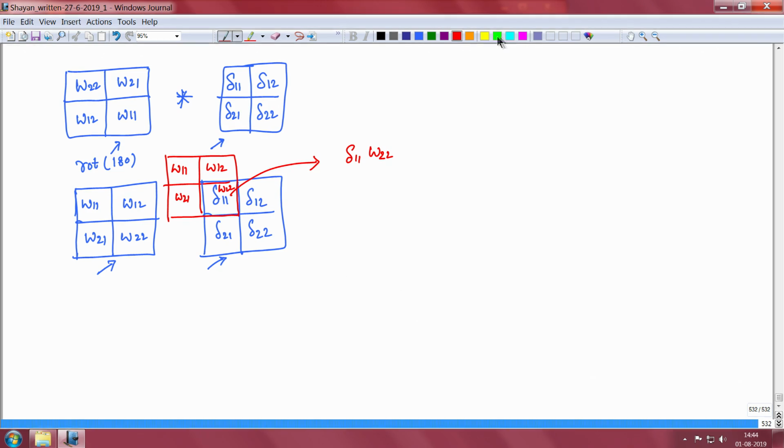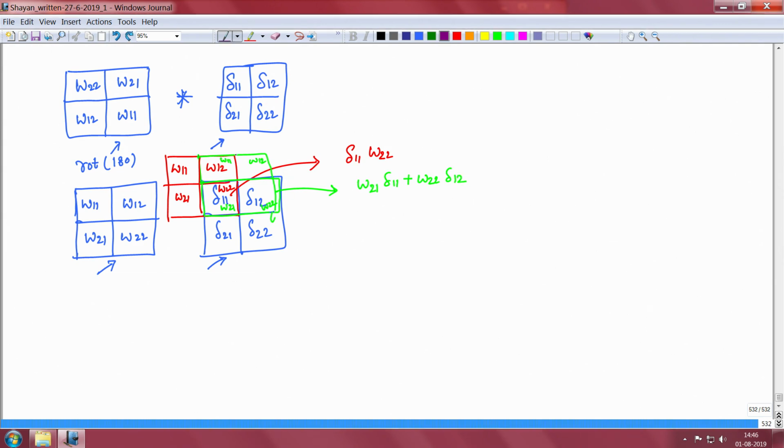Next, the filter will be moved to the right. So, we have W21, W22, W11, W12. Now, this gives us W21 delta 11 plus W22 delta 12.